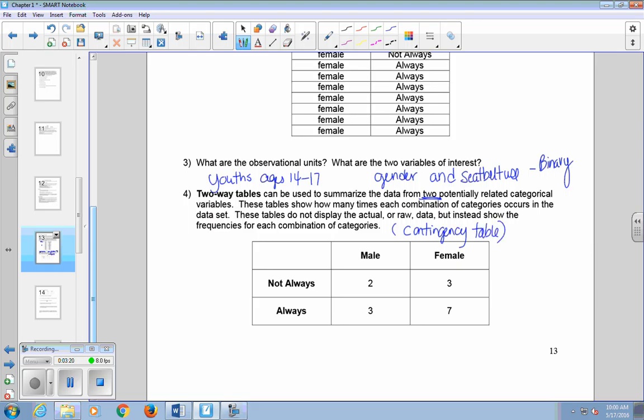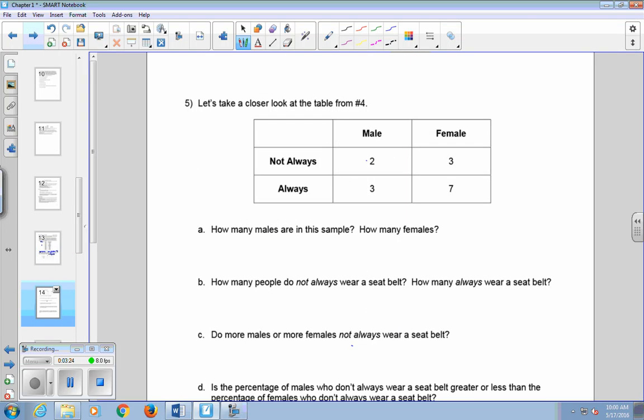So on the next page in our packet, we're going to answer some questions about this two-way table. How many males are in the sample? To determine the number of males, we are going to look at this column here with males, and we total it to find out that we have 5. How many females?